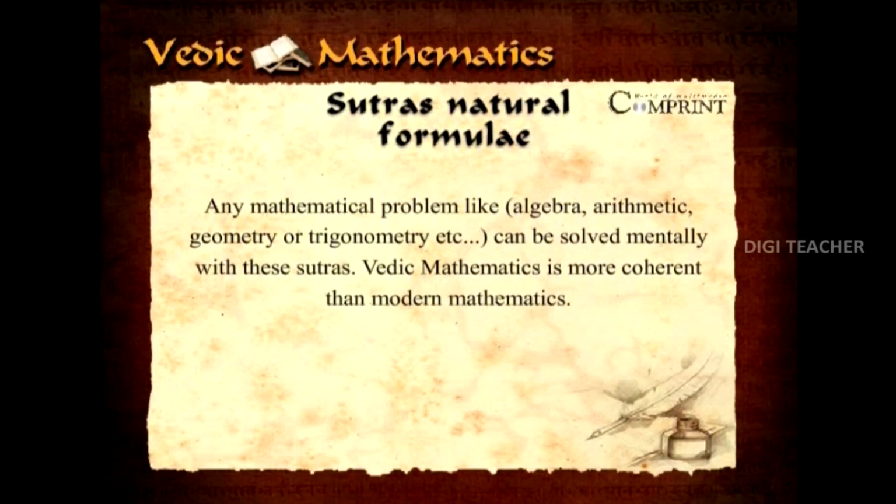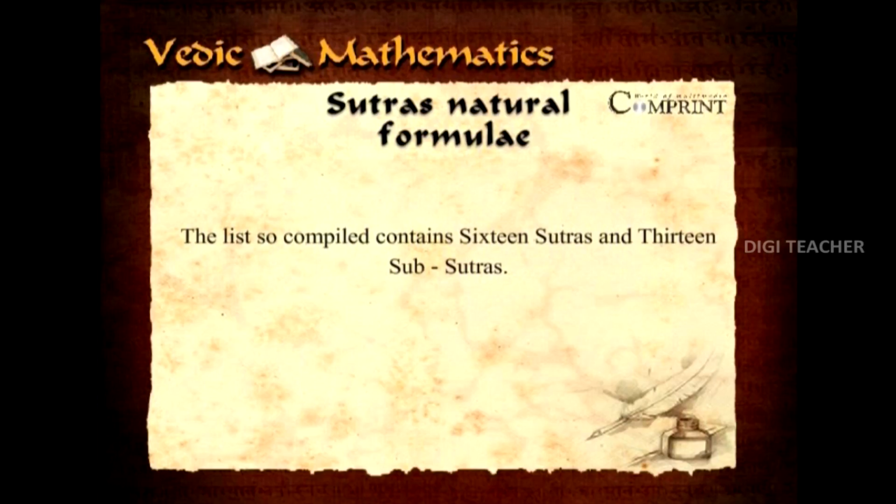Any mathematical problem like algebra, arithmetic, geometry, or trigonometry can be solved mentally with these sutras. Vedic mathematics is more coherent with modern mathematics. The list is so compiled, which contains 16 sutras and 13 sub-sutras.